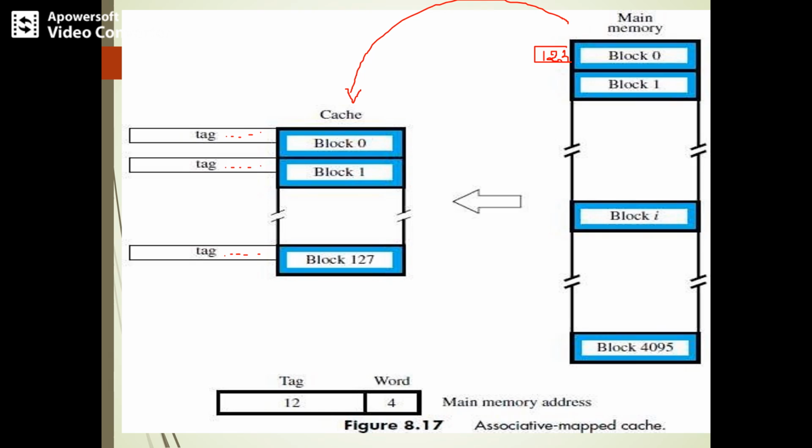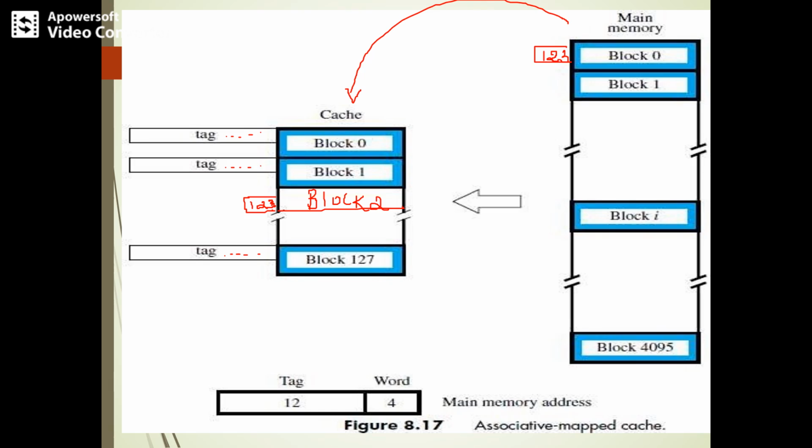Suppose here I have one more block, block 2, which consists of tag bit 1, 2, 3. Now we have to go for associative searching with respect to the tag bits.